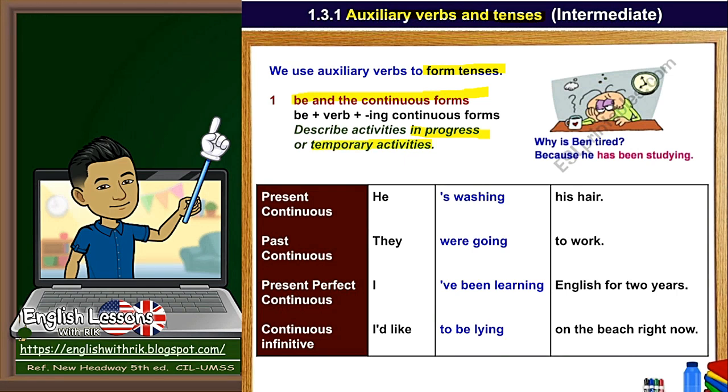Present continuous. He's washing his hair. Past continuous. They were going to work. Present perfect continuous. I've been learning English for 2 years. Continuous infinitive. I'd like to be lying on the beach right now.